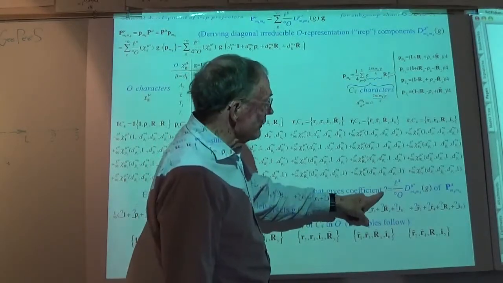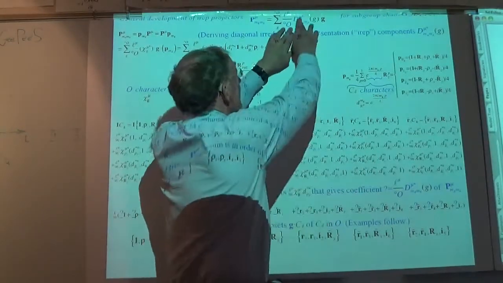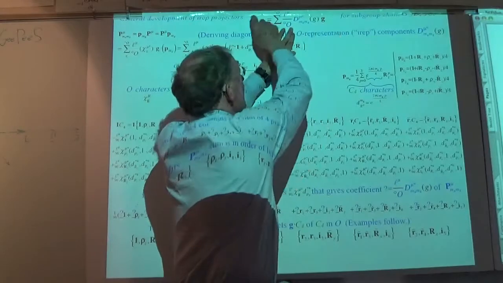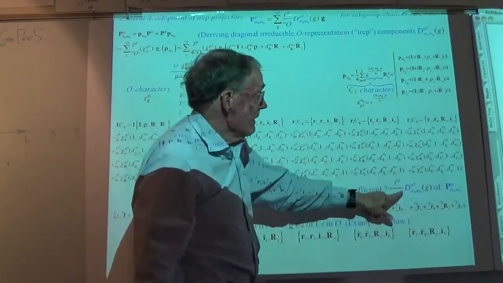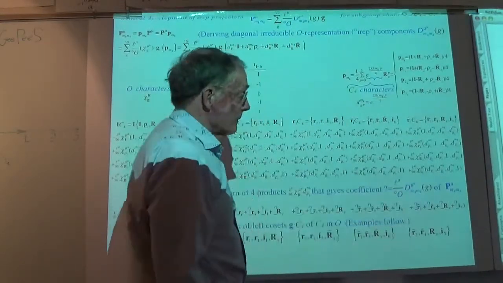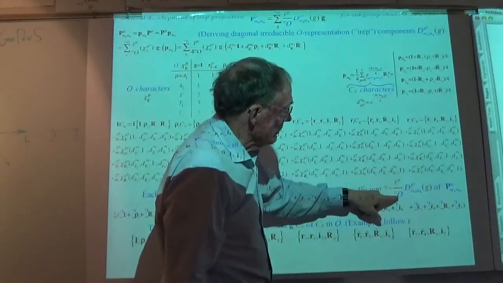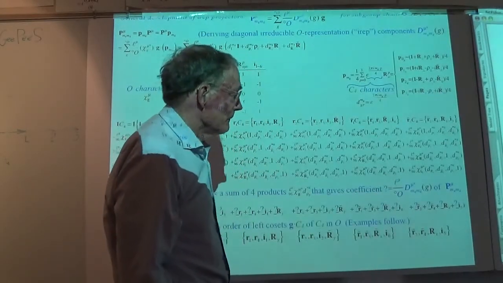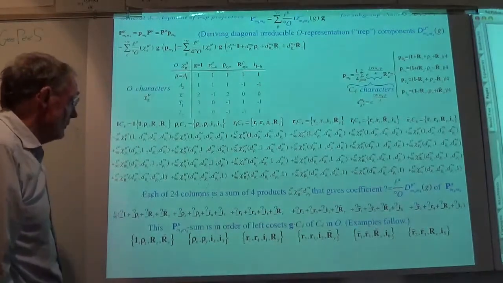This is going to give us the coefficient of the group element G of the projection operator, and that coefficient is an irreducible representation except for this L mu over the order of the group. That's the order of the day.